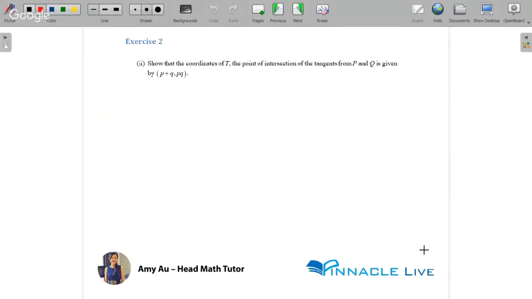We want to show that the coordinate of T, which is the intersection of the tangents, is given by that. So just to show you visually what we're working with. So we've got 2 points.